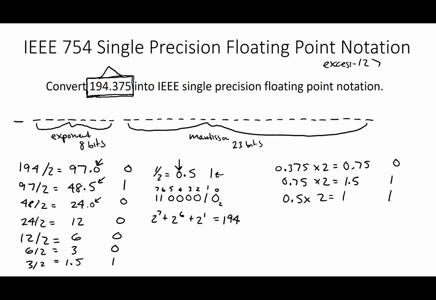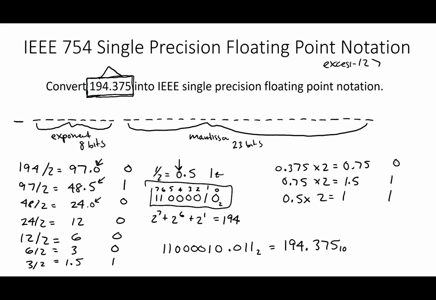And so then we can put our number together. I'm going to take this number and combine it with the fractional part. So I have 1, 1, 4 zeros, 1, 0, then 0, 1, 1. And this is base 2, and this is equal to 194.375.